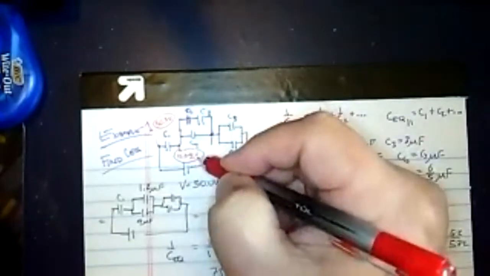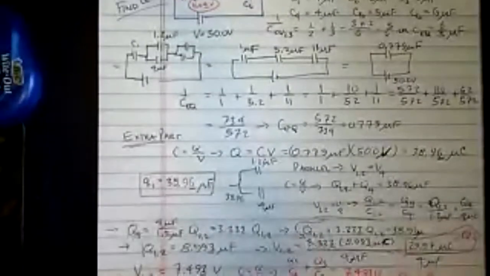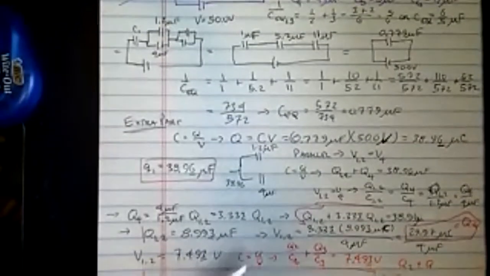Now, when I go across this, remember we calculated that the voltage across Q12 was 7.493. So right here, this bubble should read 11.04 minus the 7.493, which gives me 3.547.